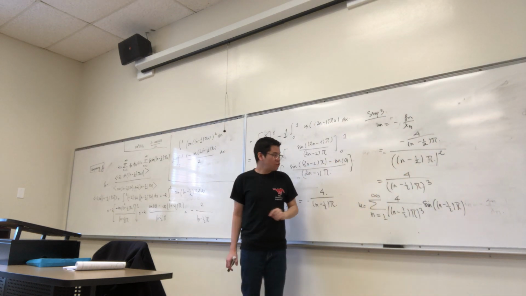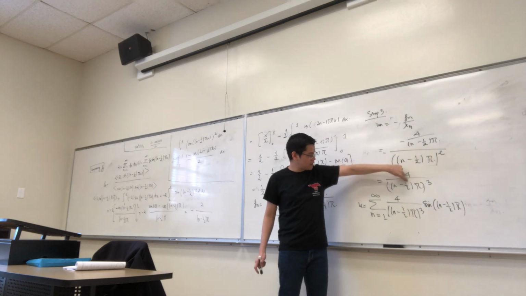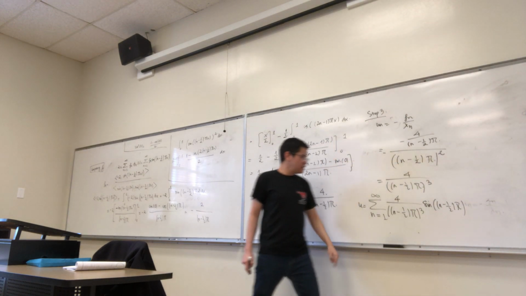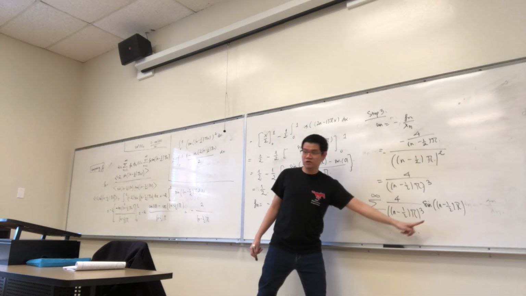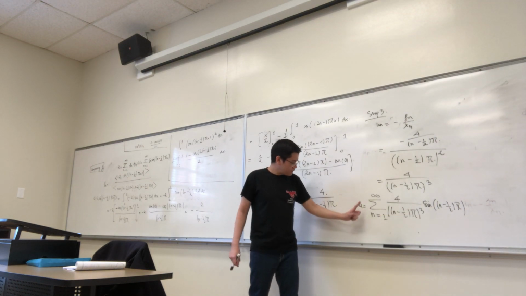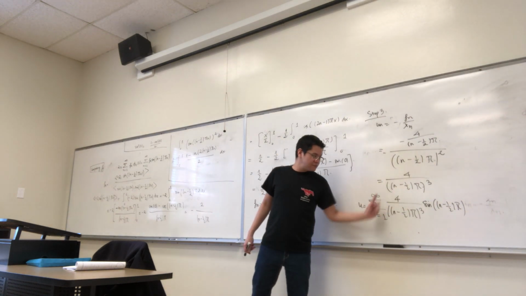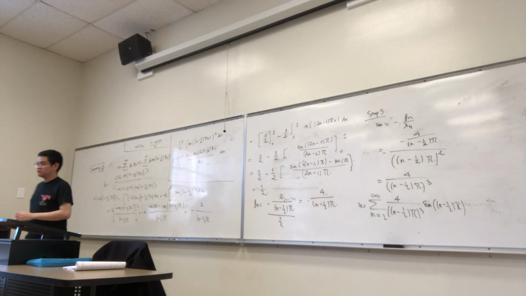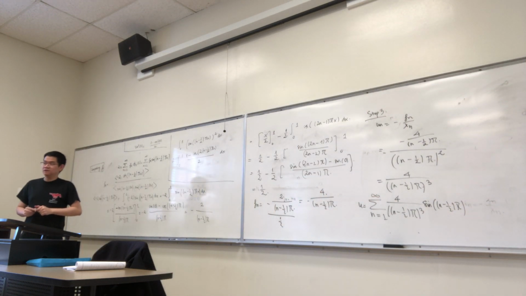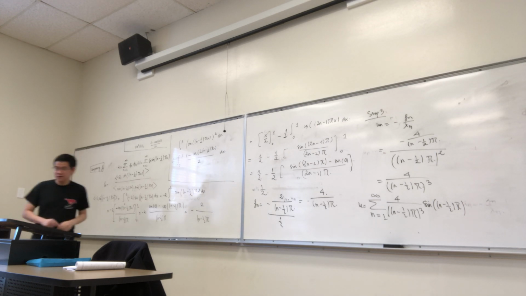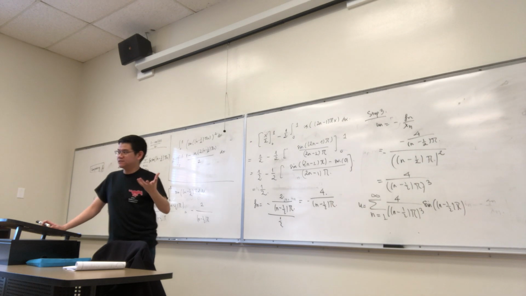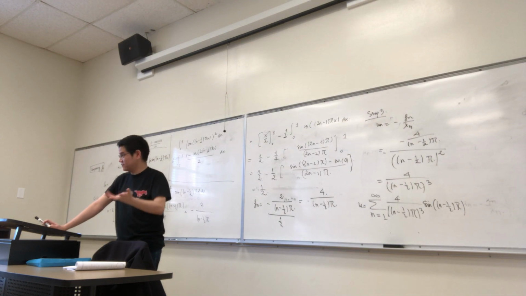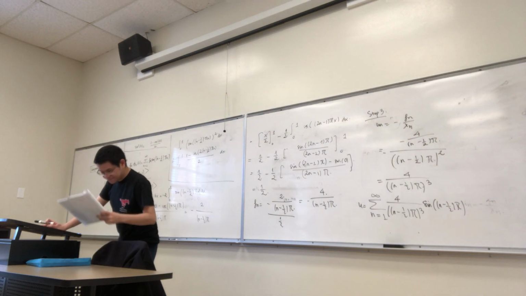Right? So which means that you have 4 over (n minus 1/2) pi to the power 3. So you plug everything in, and this is the solution. The solution is the sum of this series. Alright? Questions? It's clear? So now you understand all of the 3 steps of solving a boundary value problem using this eigenvalues and eigenvectors method, right?